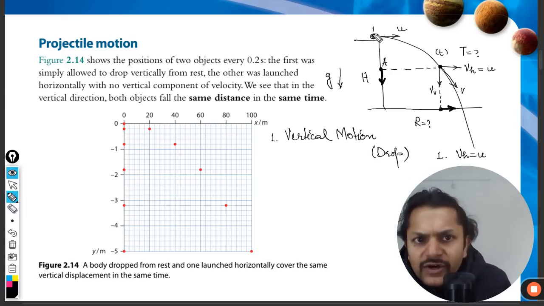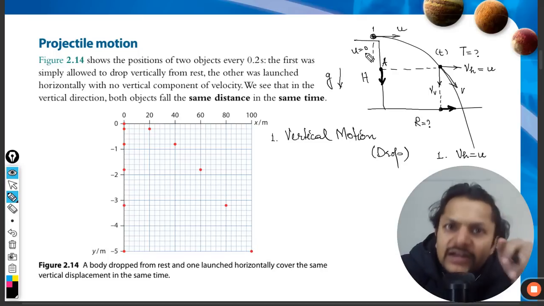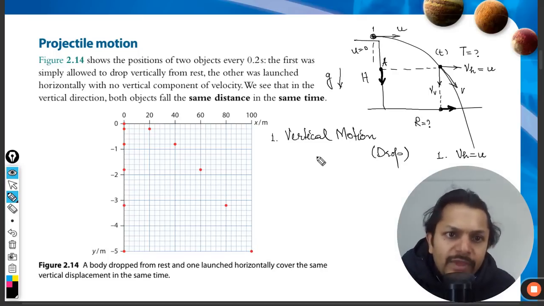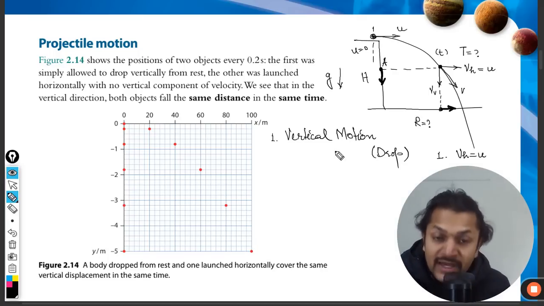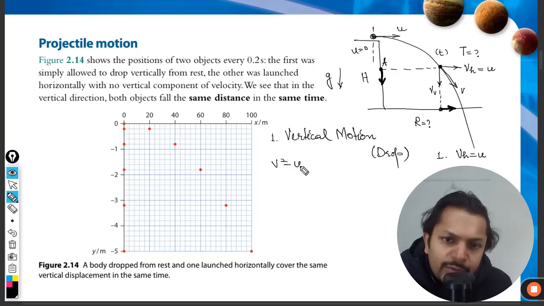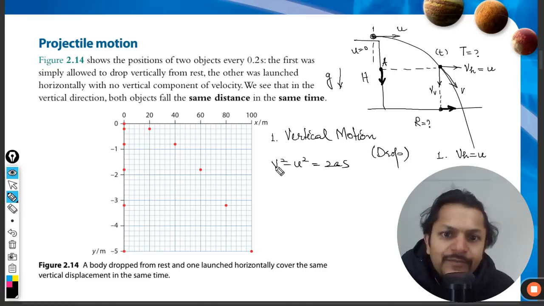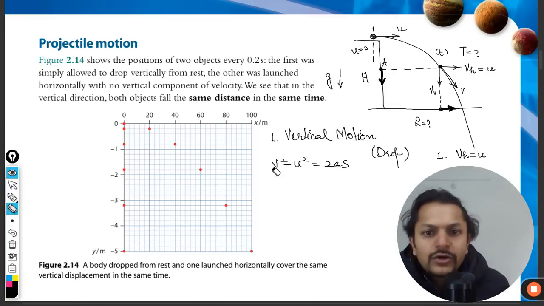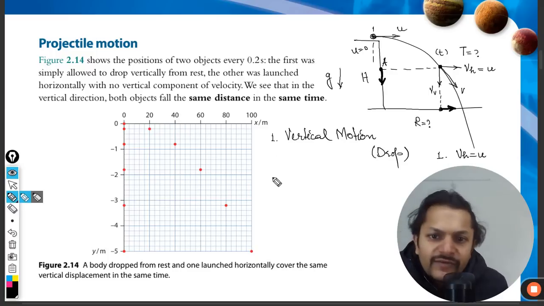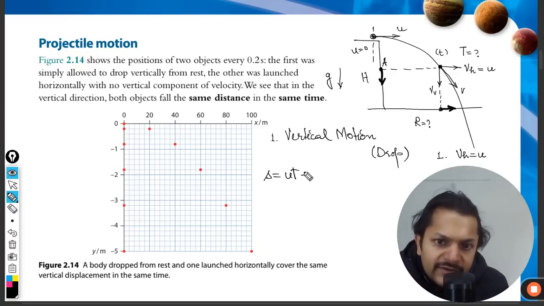Because on the vertical plane the initial velocity is zero. So we want to find the time now. The only SUVAT equation possible for us will be v squared minus u squared equals 2as. No, even the final velocity is not known to us. Yeah, s equals ut plus half at squared will be the correct formula.